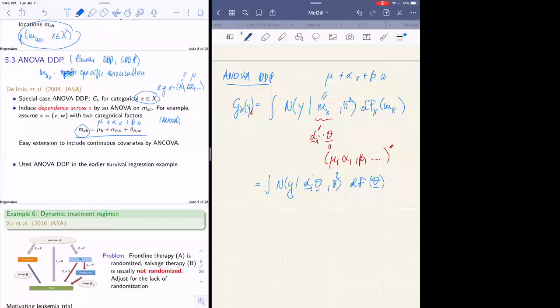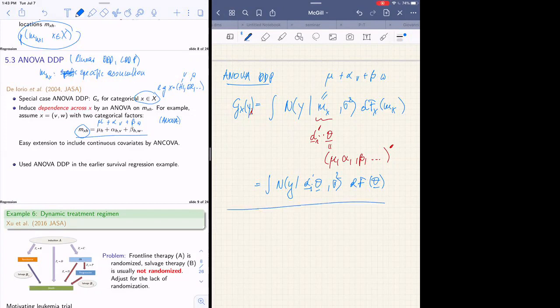The beauty is we now need just one probability measure for the ANOVA effects. So in other words, if the dependence across X in the DDP takes the form of a parametric model, like a simple ANOVA model, then it really just reduces to a Dirichlet process mixture of that particular parametric model.